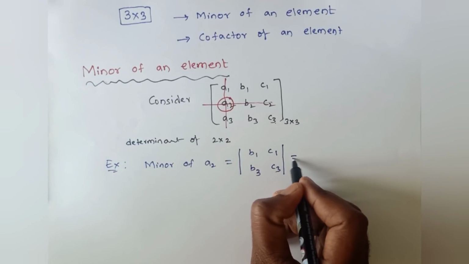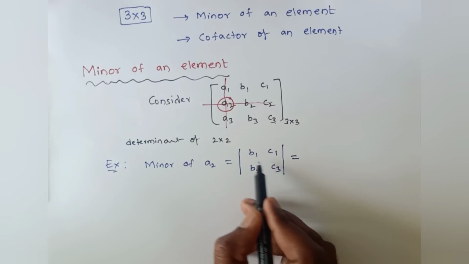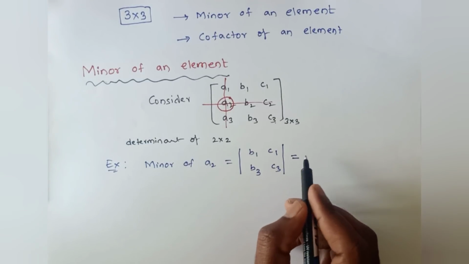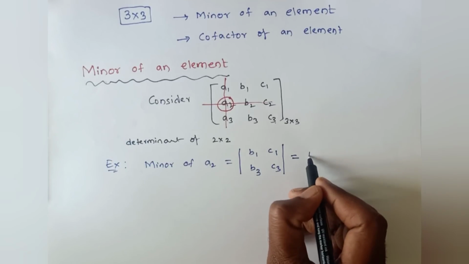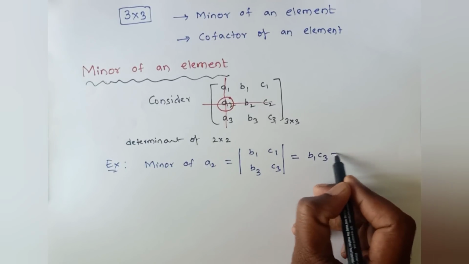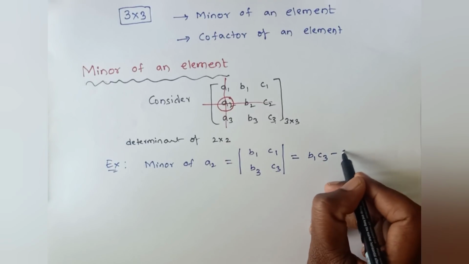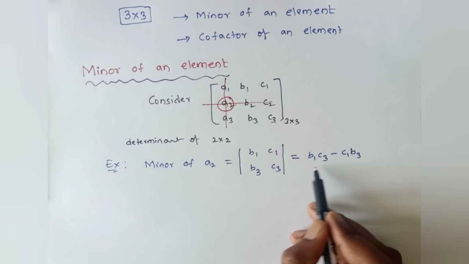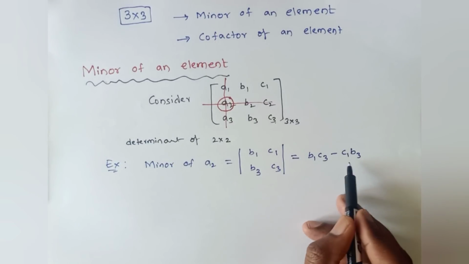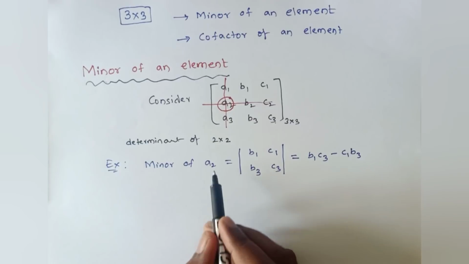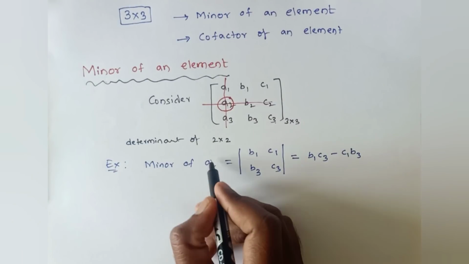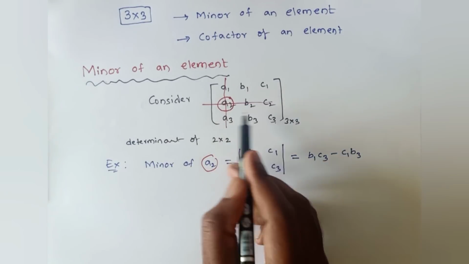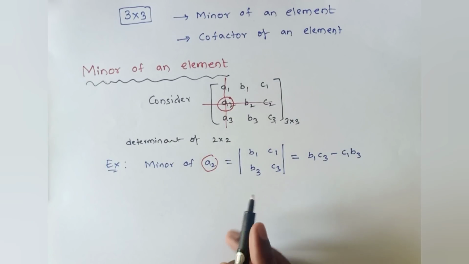Then this is equal to, as we already know the definition of the second order determinant, B1 C3 minus B3 C1, or C1 B3, no problem. Now this value B1 C3 minus C1 B3 is called the minor of the element A2. Similarly, we can evaluate the minor of each and every element of a 3 by 3 matrix.